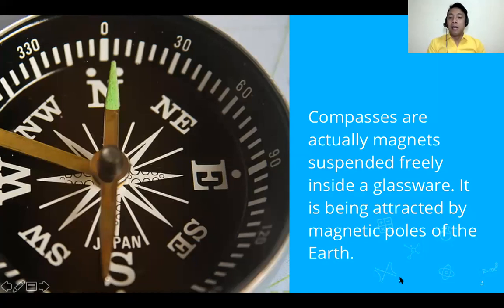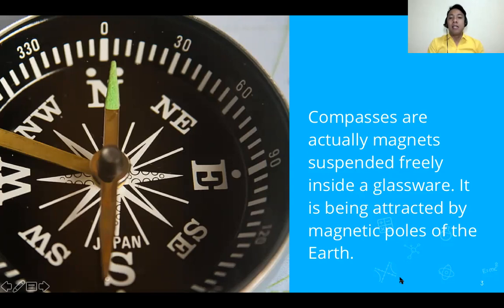Compasses are actually magnets suspended freely inside the glass where they are being attracted by the magnetic poles of the Earth. So this one is the best application of what magnetism is.